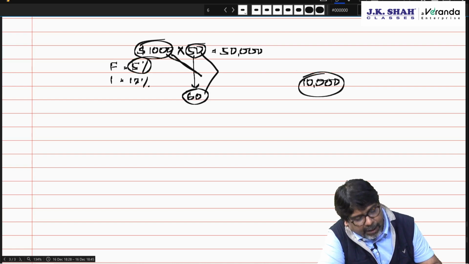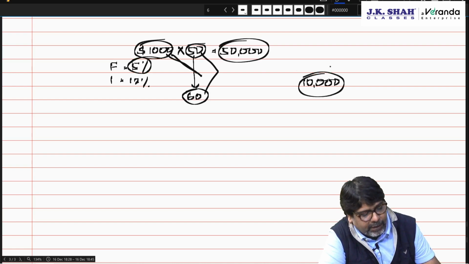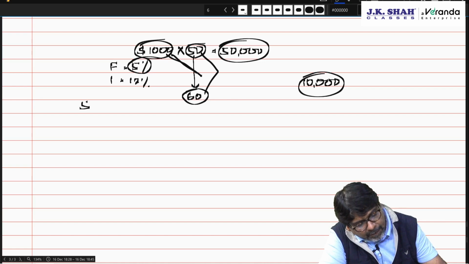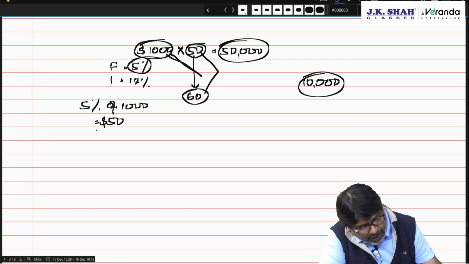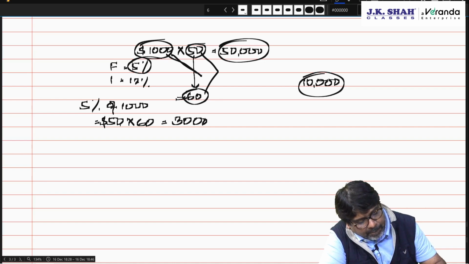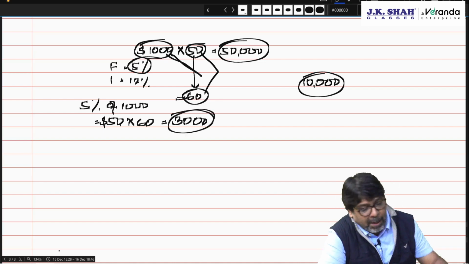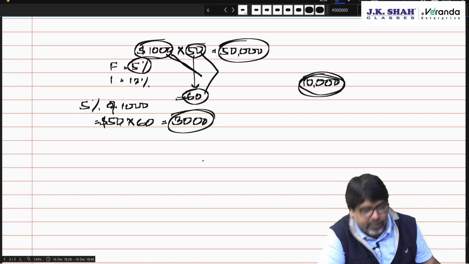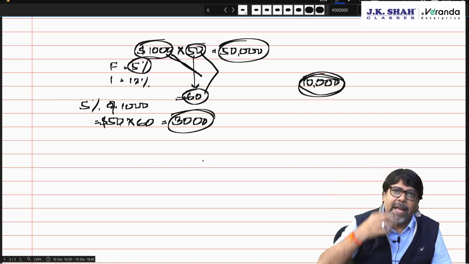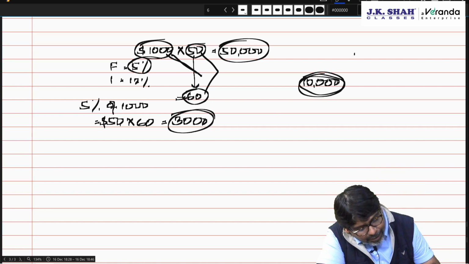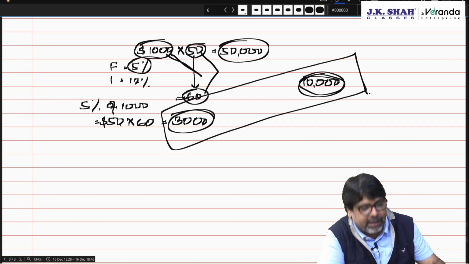So on this borrowing of 50,000, I am paying 5% of $1,000, that is $50 as interest. $50 into the year-end rate of 60, that 3,000 I am paying in INR as interest cost, plus I am paying extra 10,000. So I have borrowed 50, but I am repaying 63. So I should capitalize the entire 13.